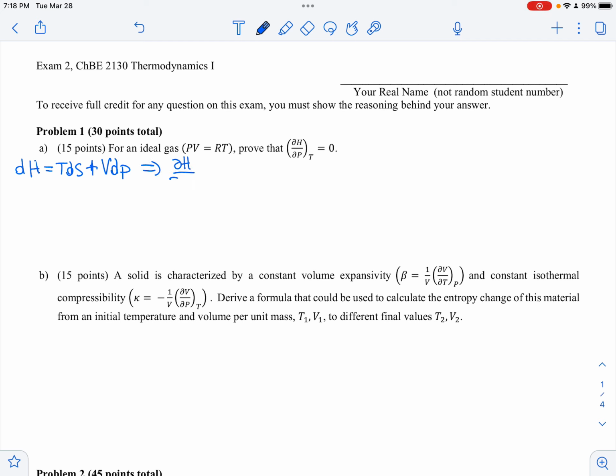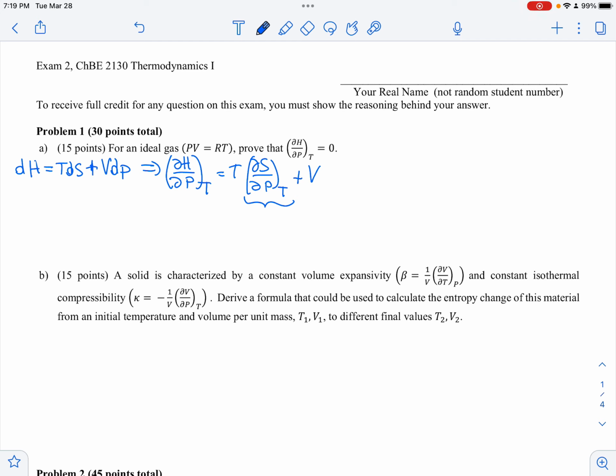So dH/dP at constant T would equal T dS/dP at constant T, and then dividing V dP by dP just gives you V. So now we have to do something about this term.